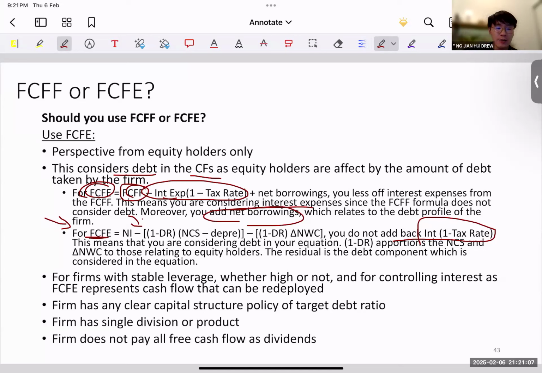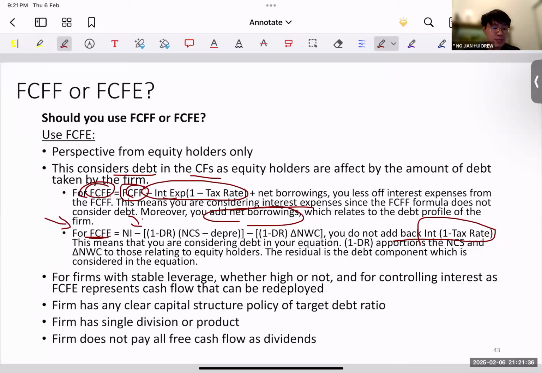So we use the FCFE generally for firms that have more stable leverage, because we are considering that cash flow in our cash flow projections. Therefore, if there's a large change in leverage, then we'll see large changes in our cash flows that might not be growing at a sustainable growth rate.